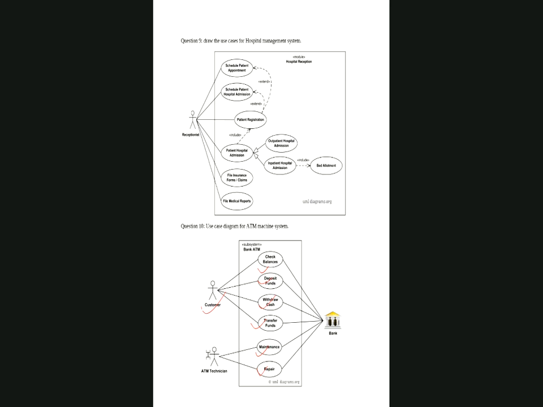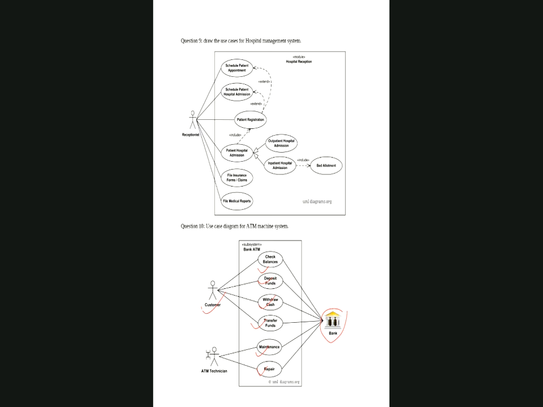Now all these functions are related with the bank. How is it related? If a customer is checking his balance, how does this box know that his balance is, for example, 1,000 riyal? The bank will tell. If the customer deposits 1,000 riyals, where does it go? In his bank account. If he withdraws cash, where is it coming from? From his bank account.